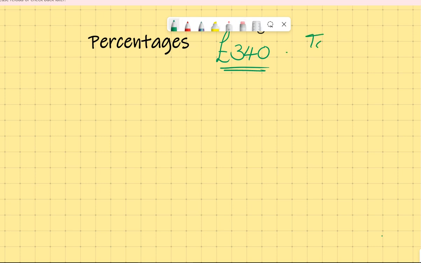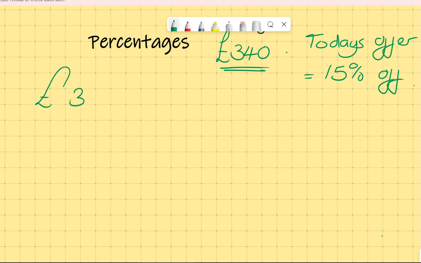But today's offer is 15% off. So you need to look at this, £340. So remember what I said, you write down your £340 and no pence. So what you need to do is find your 10%, 34.